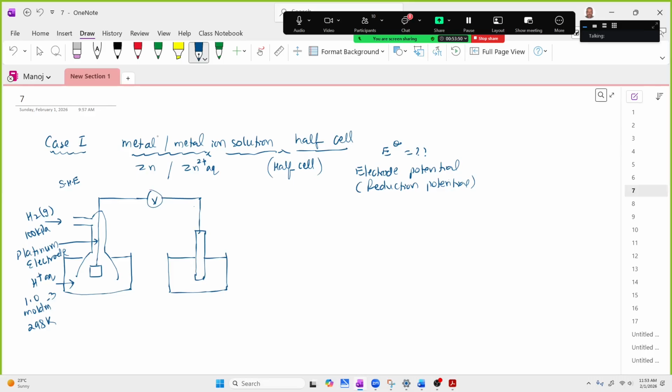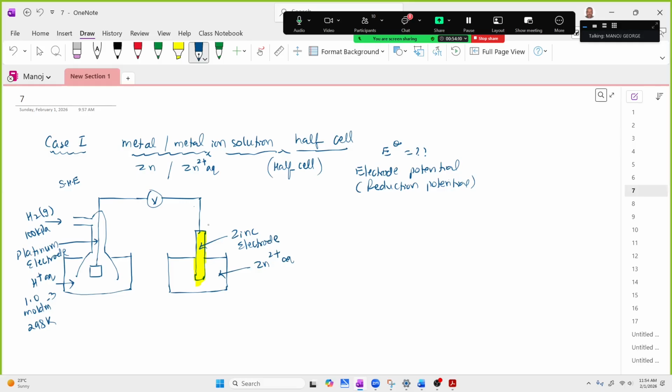So now, very clearly, this is my zinc electrode. That's the metal, so the solution here has to be Zn2 plus aqueous.